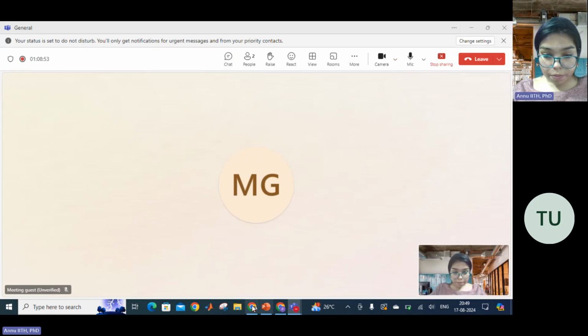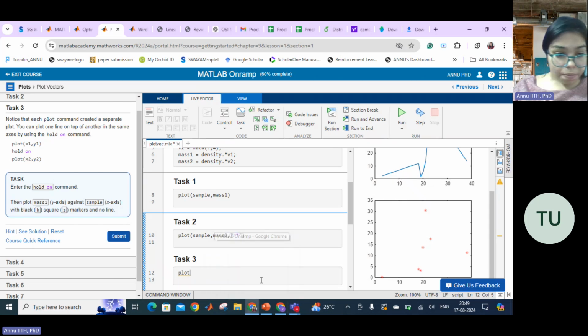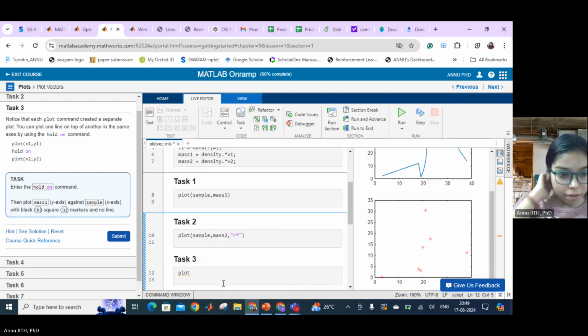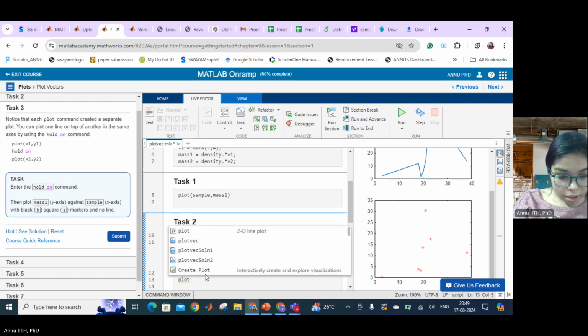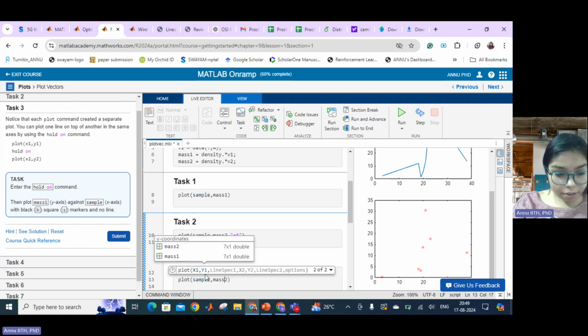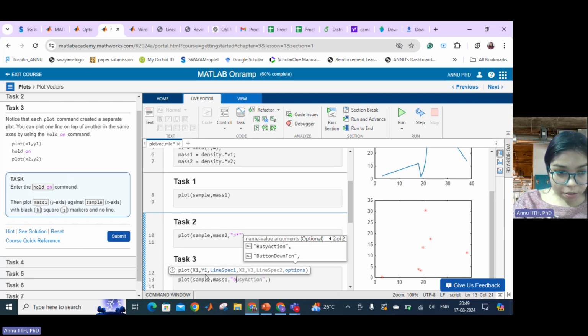Moving back to the problem, it is asking for hold on. So let's use the hold on command. Hold on. Plot samples, then mass 1, then black for the squares.